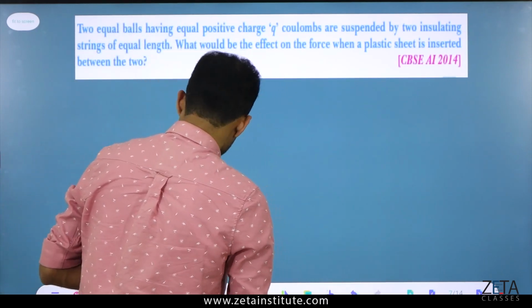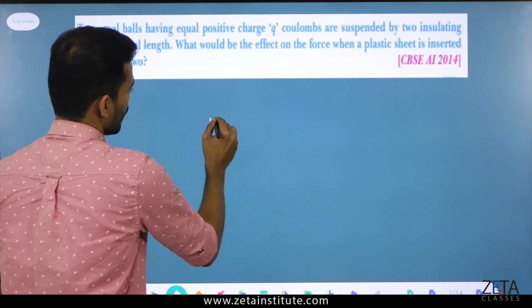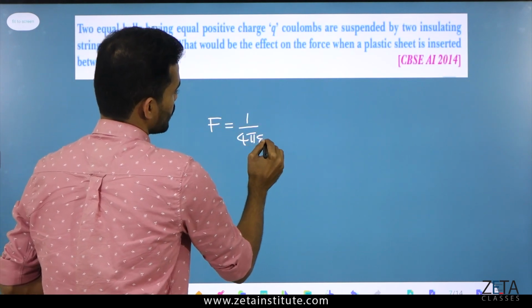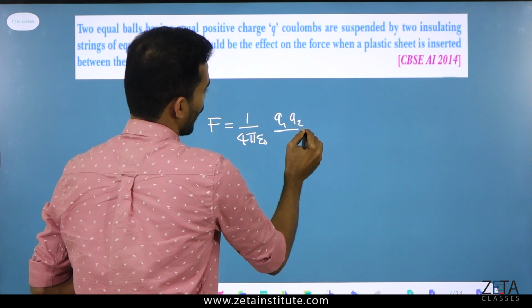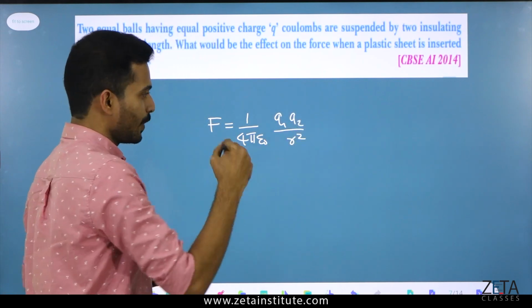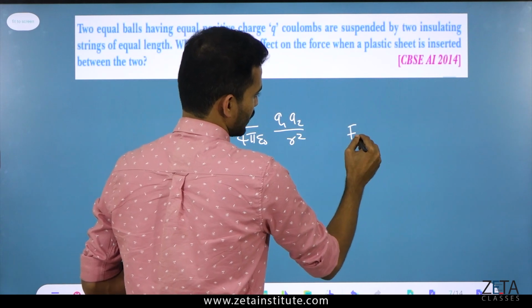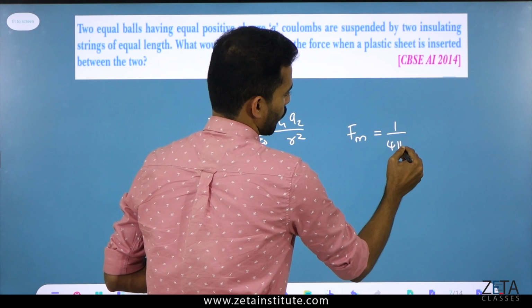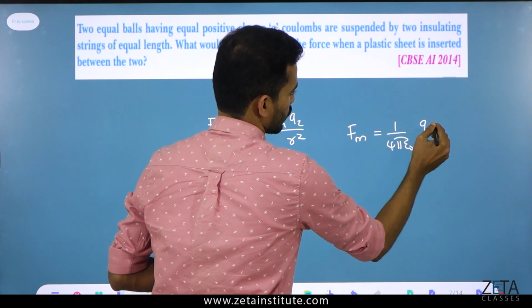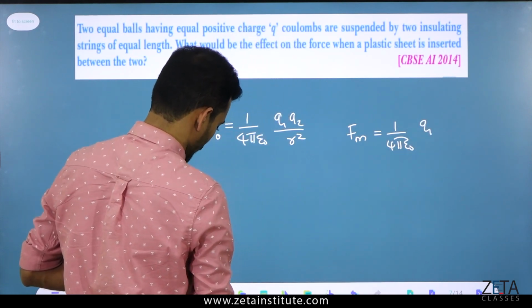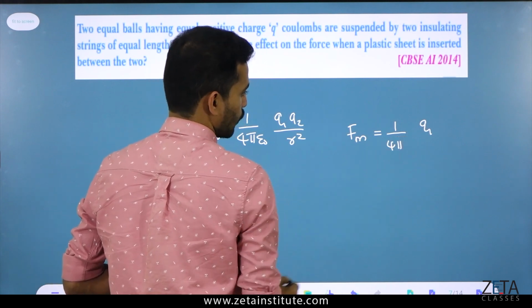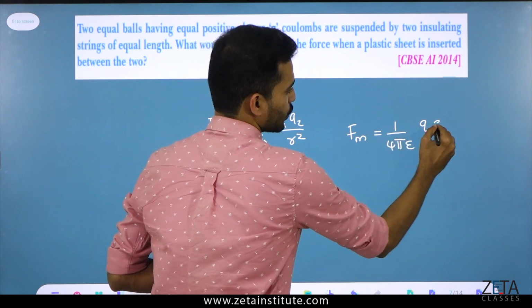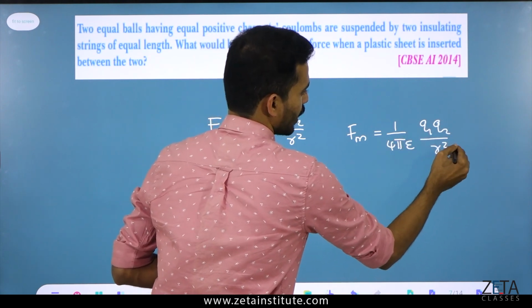In air we can write F is equal to 1 by 4 pi epsilon 0 Q1 Q2 by R square. When we place plastic, then Fm is equal to 1 by 4 pi epsilon, it is not epsilon 0, 1 by 4 pi epsilon, in medium, Q1 Q2 divided by R square.